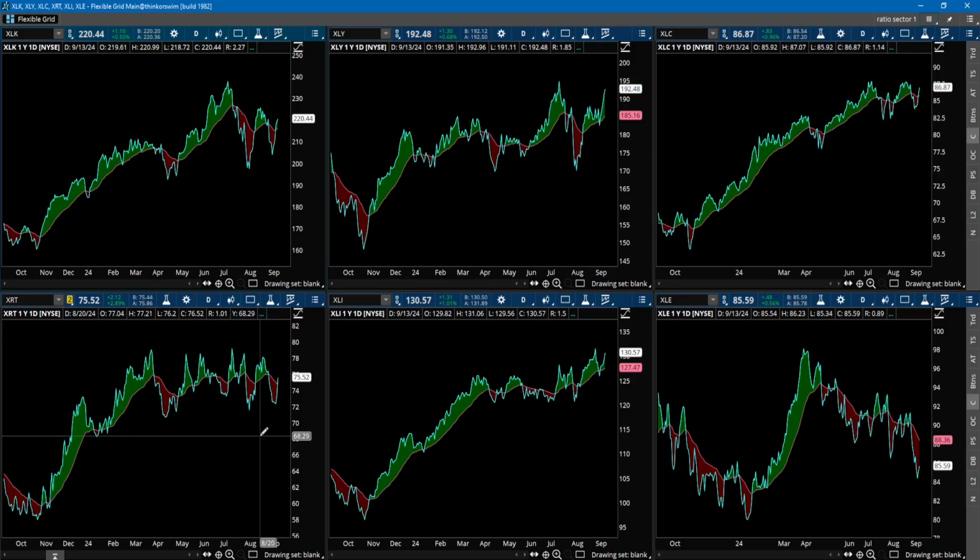Then we look at the retail, even though it did come up a bit, it is still pretty much consolidating inside of this range between 78 and 72. And the industrial also continued its move back up toward its high. And the energy continued to slide down, so that kind of gives you some idea. I think the market is anticipating slower growth.